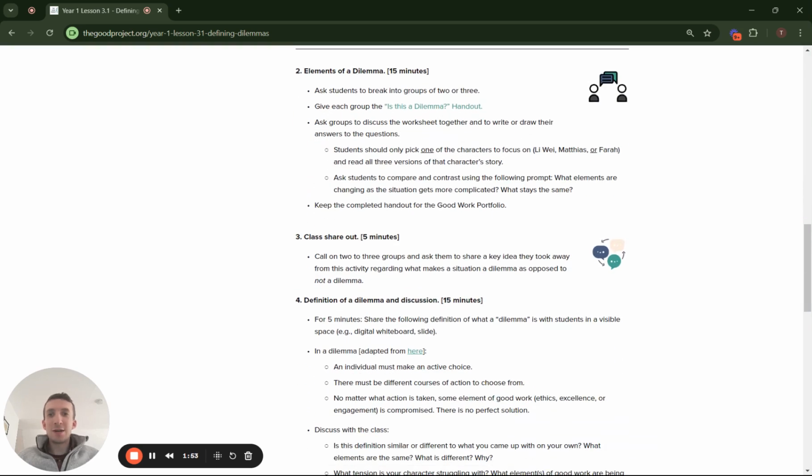Second, you'll want to talk about what the elements of a dilemma are, or give students a chance to explore that through this handout. In the Is This a Dilemma handout, students are presented with a few different scenarios that start simple, but become increasingly more complex. You'll give students a chance through those stories to be thinking about what's changing as the situations get more complex, what stays the same.